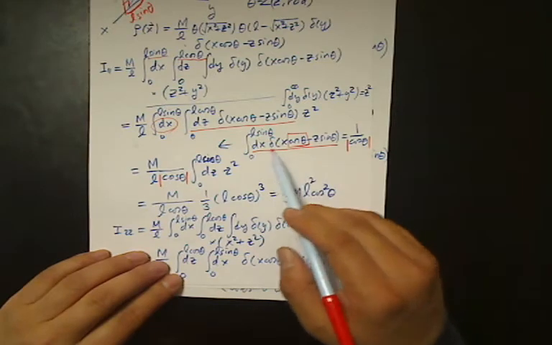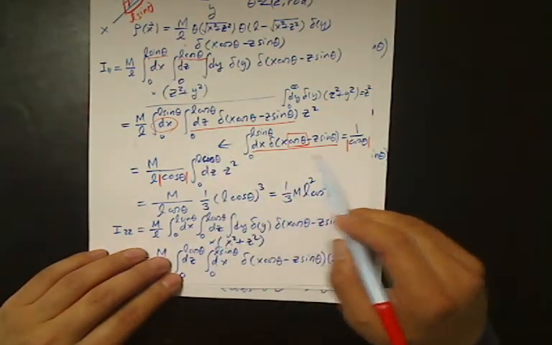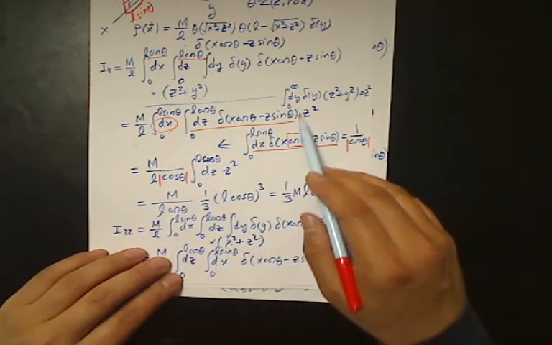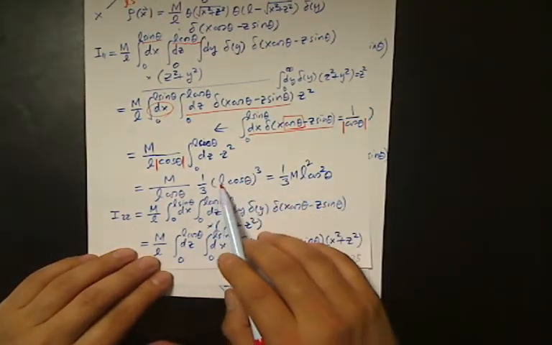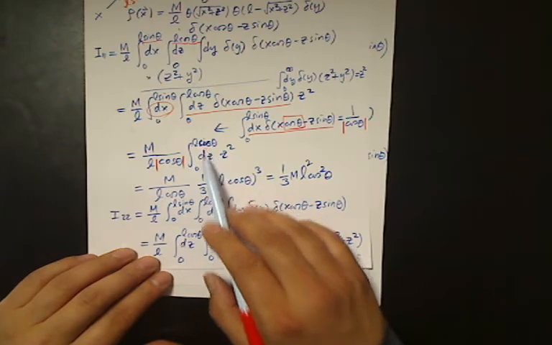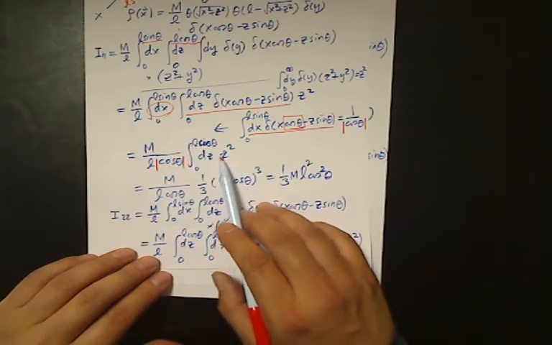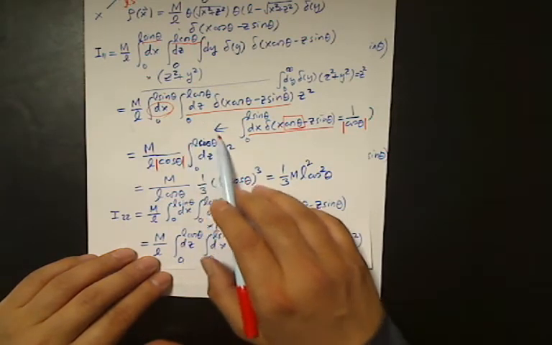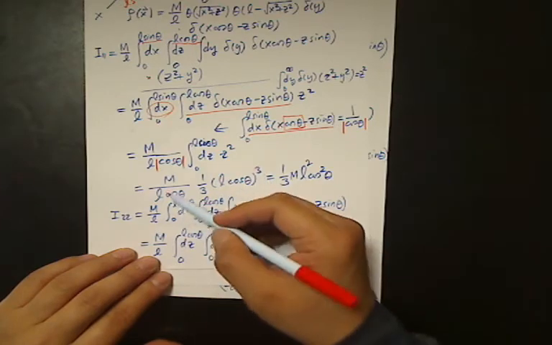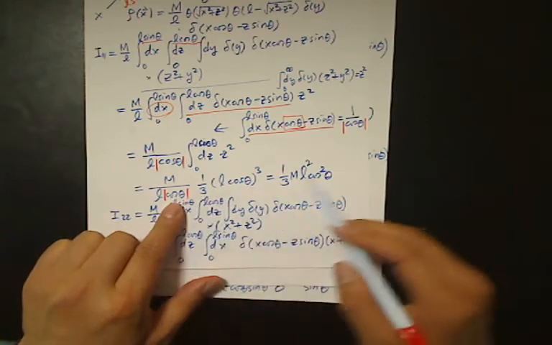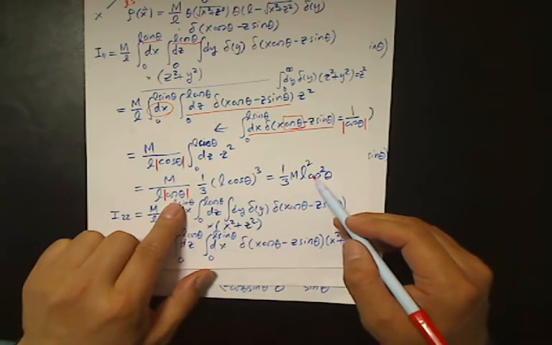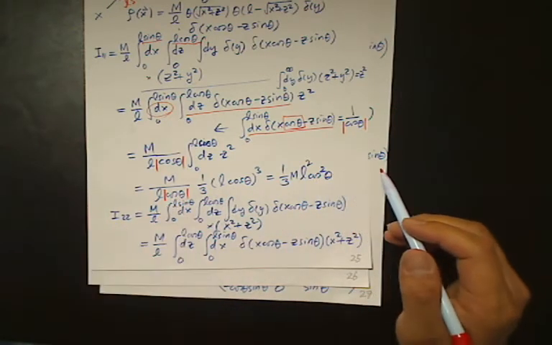Alright, we have z squared in here. For z squared, we have 1/3 L cosine theta cubed. We have the absolute value in here, and we have cosine theta squared.